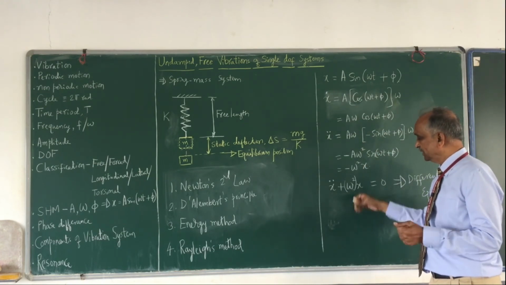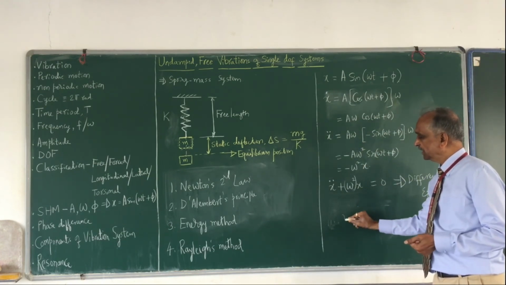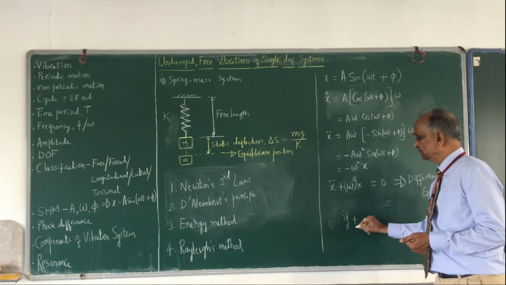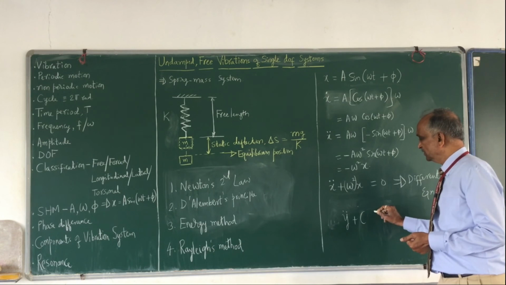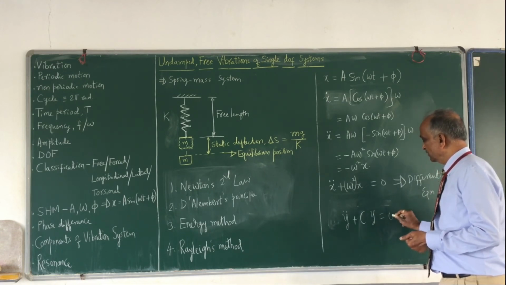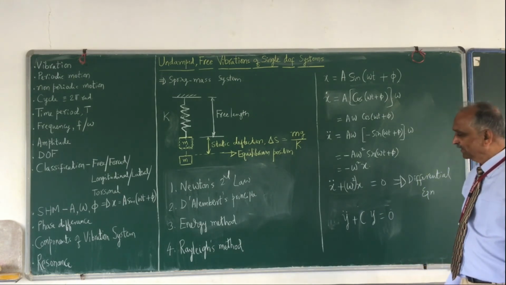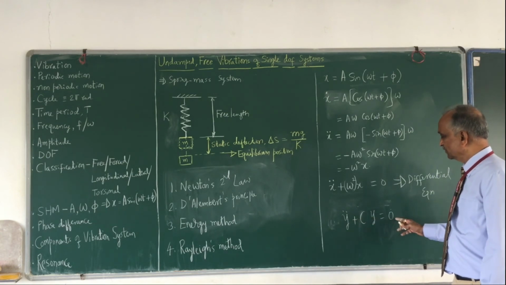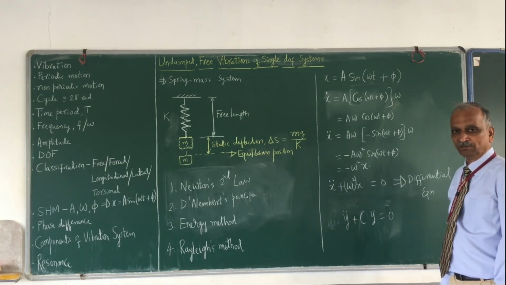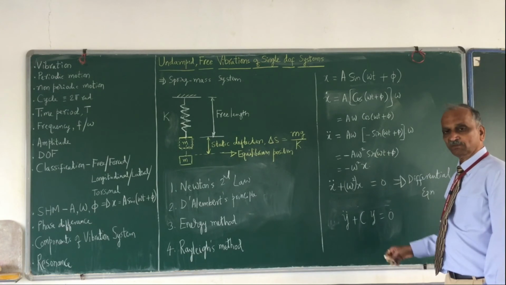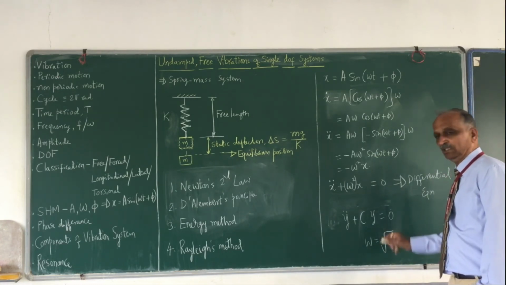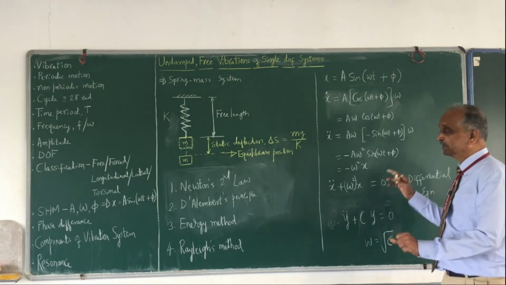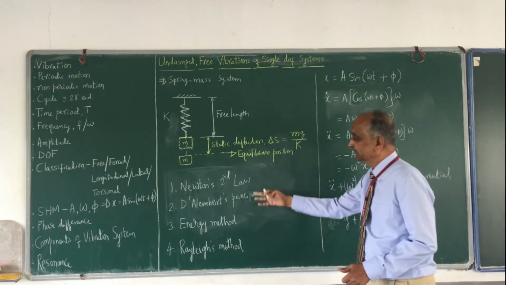So if I write down any equation, say y double dot plus c y equal to 0, that you come across, this is a simple harmonic motion. What is the frequency of that simple harmonic motion? Omega is equal to square root of c.